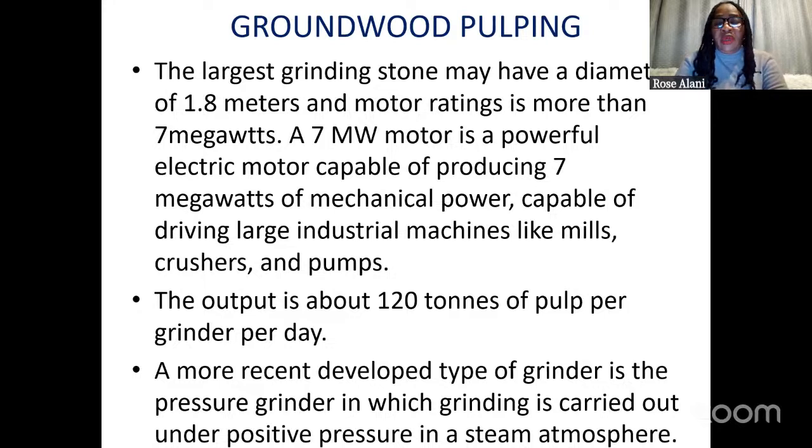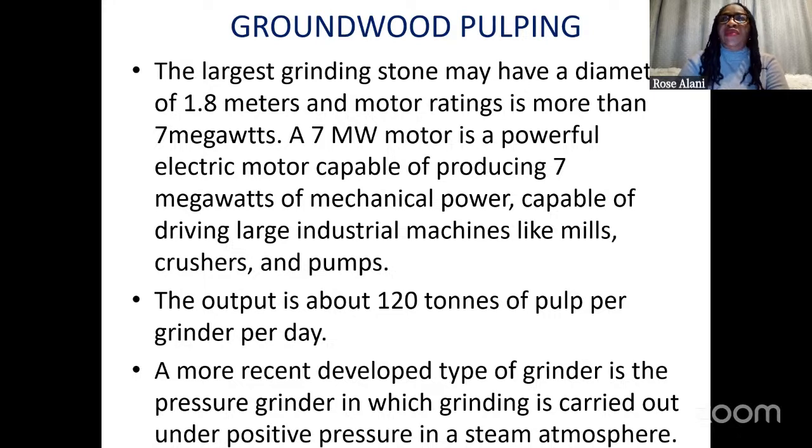So there's more recent development, other types of grinder, like the pressure grinder, in which grinding is carried out under positive pressure and with steam. So I'm going to show you that method, but this particular one we're talking of is the ground wood pulping.